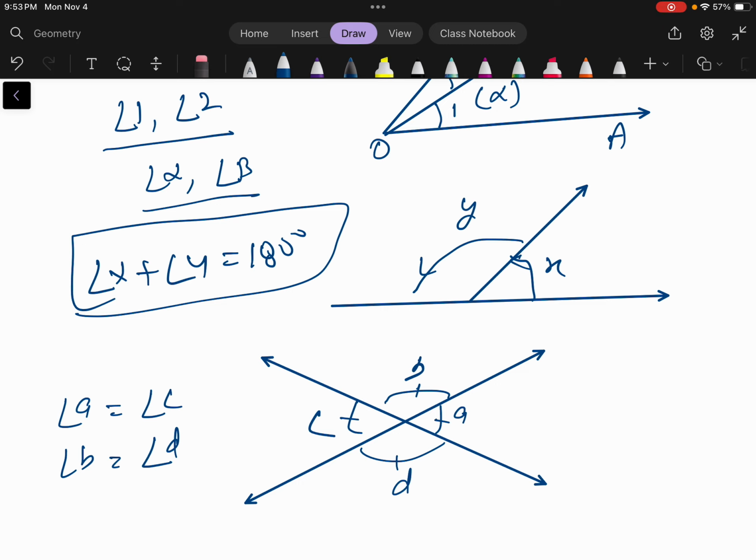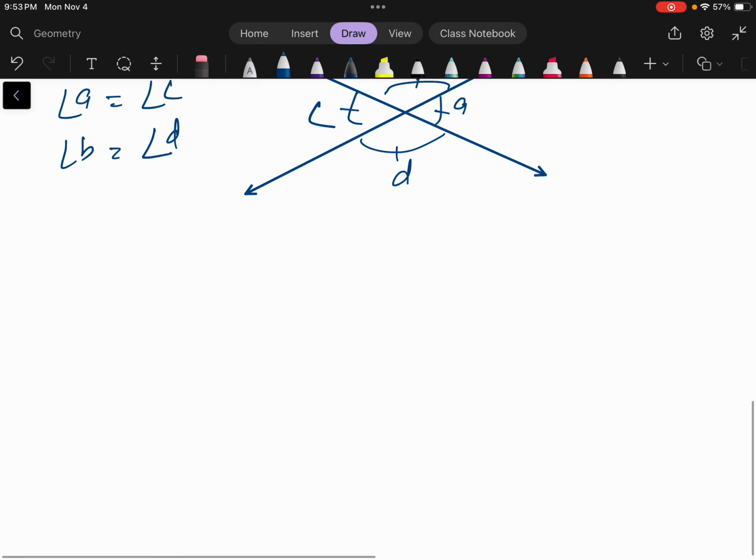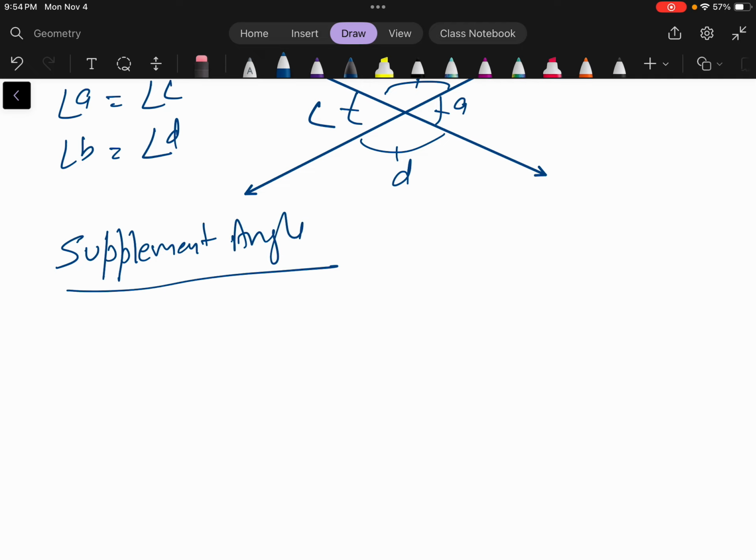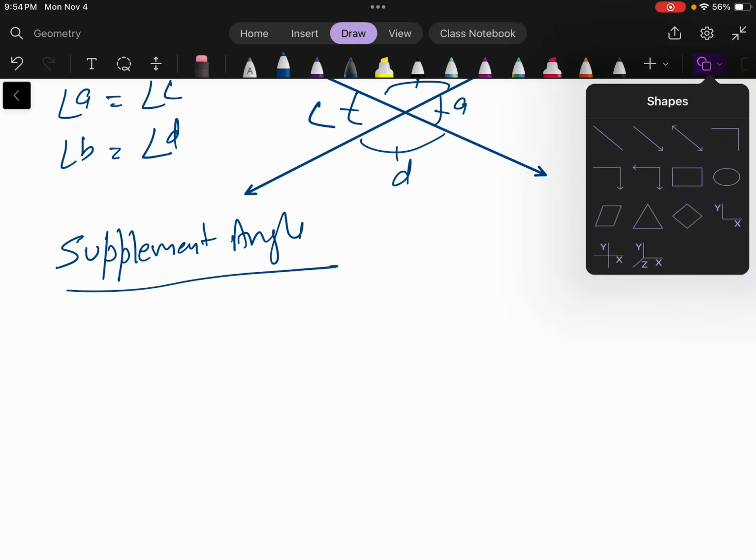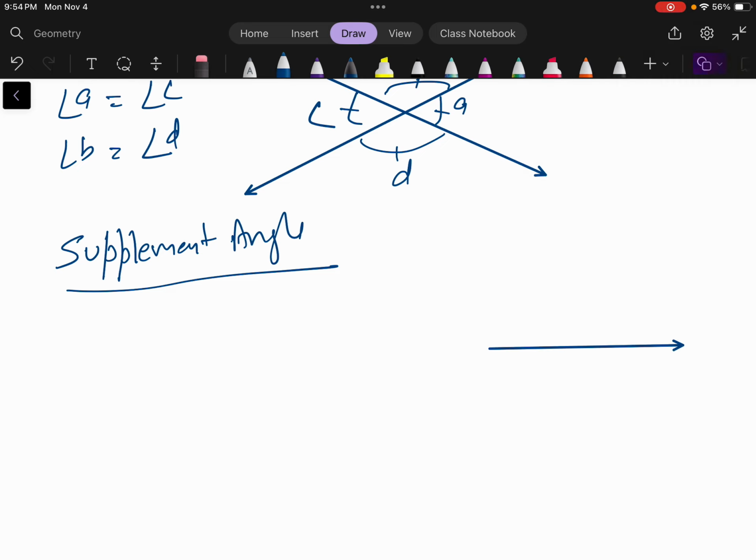Then we will have the supplement angle. Supplement angle is like this: I have one angle, let's take this angle as 120 degrees, so this AOB angle is 120 degrees.